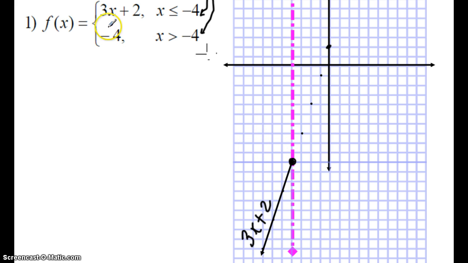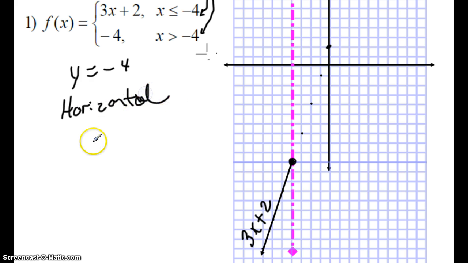Now on the other side of the fence, we have to write f of x equals -4. Now remember, f of x is the same thing as y, so this is really going to be y equals -4. And remember, y equaling -4 is a horizontal line through the y-axis at -4.